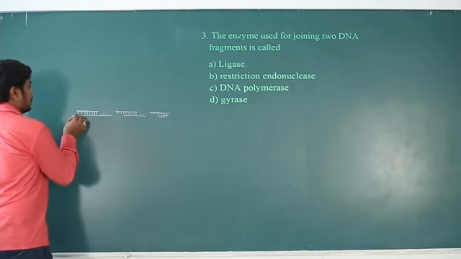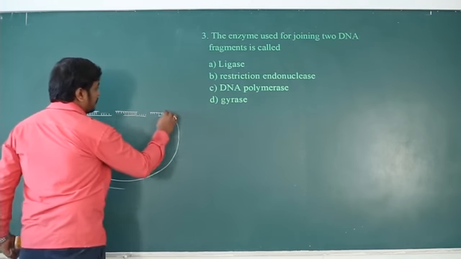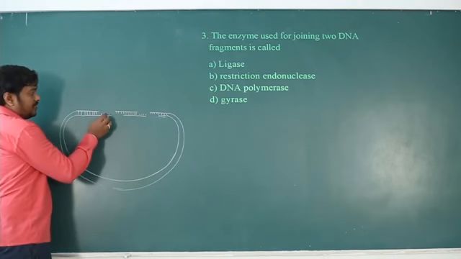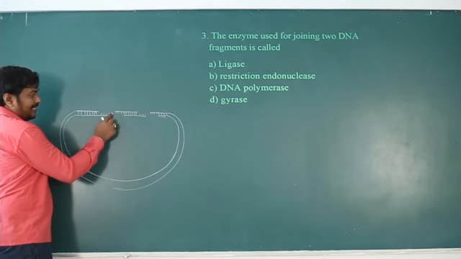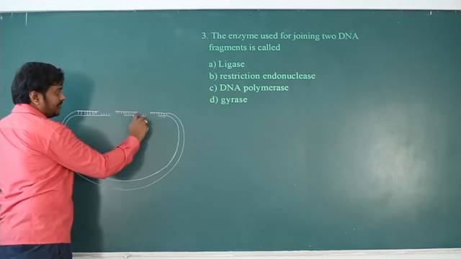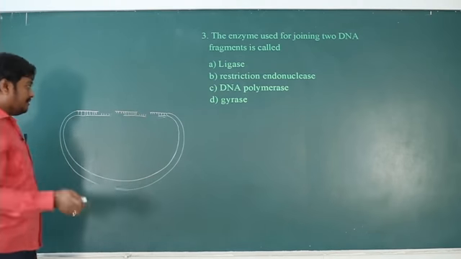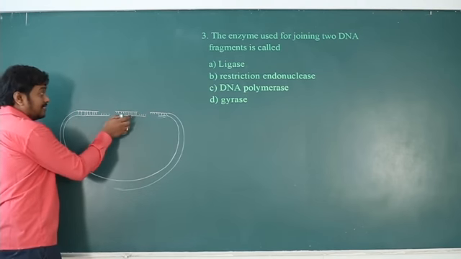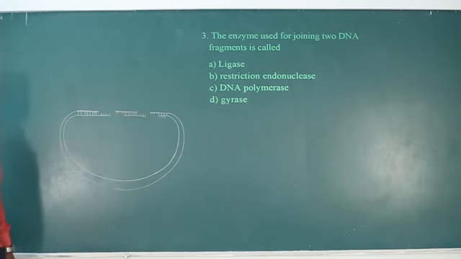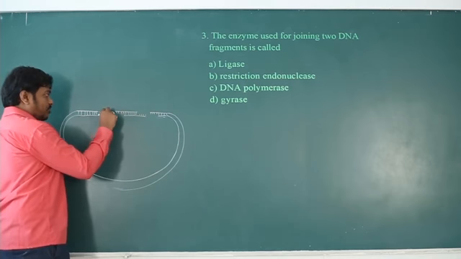Just imagine this is a circular DNA like a plasmid. So this is the circular DNA. These also have unpaired bases. Here also unpaired bases were there. If such unpaired bases are available, remember they should have complementary bases. If they have complementary bases, they can be joined together.